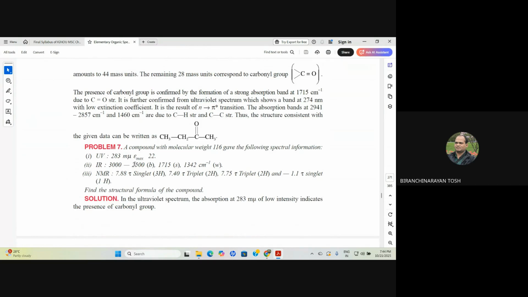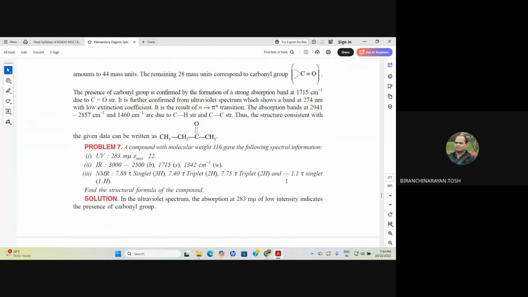We know OH stretching, and this is the most characteristic of carboxylic acid, which is due to hydrogen bonding. The presence of the carboxylic group is also shown in the NMR, which gives a singlet at the negative tau value, minus 1.1. Thus the compound may contain one carbonyl group and one carboxylic group.